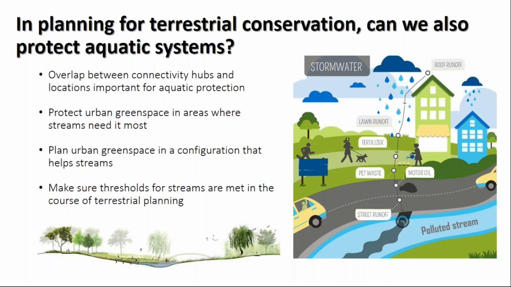So if we have some streams that are near that threshold, where just a little bit more green space could potentially put them into a healthier state, we might prioritize additional green space in those areas. Perhaps we can add connectivity for terrestrial species, but also bring that stream and that watershed above that threshold and into a better system state. Those are some of the ways we can start thinking about aquatic indicators and terrestrial indicators.